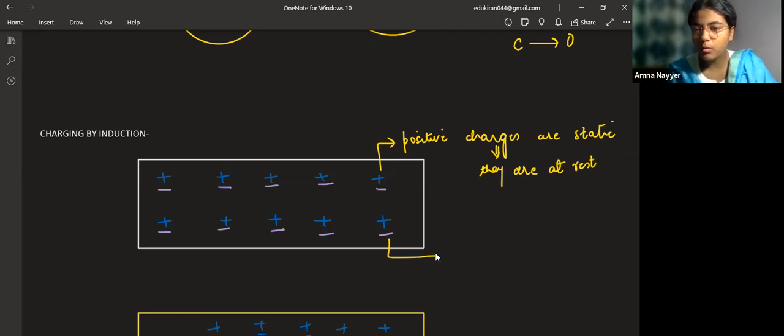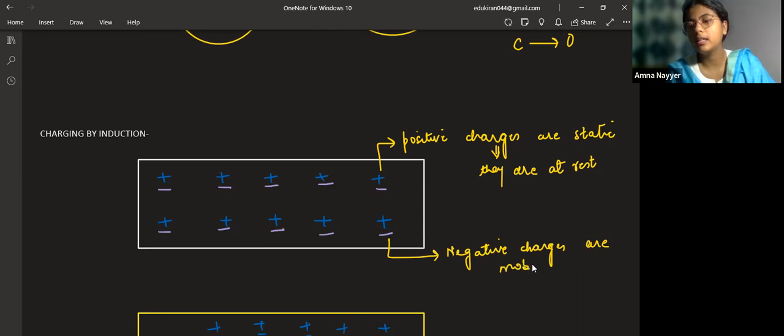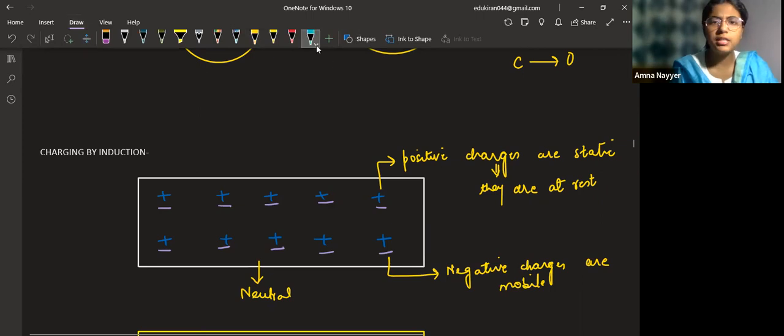But negative charges are mobile. They move. So right now, positive and negative charges are canceling each other. The body is neutral.